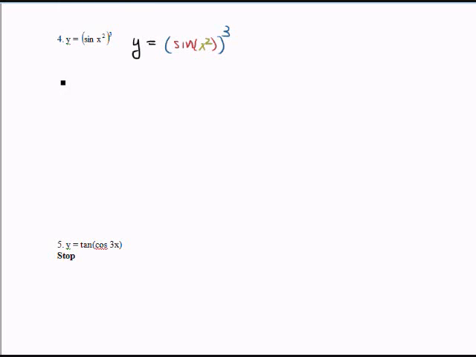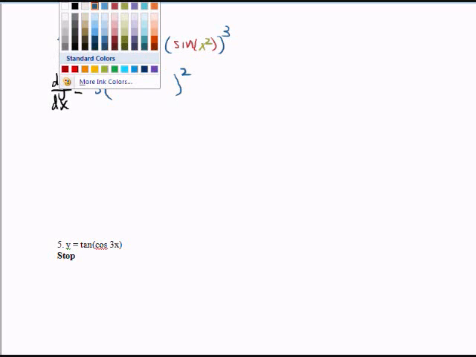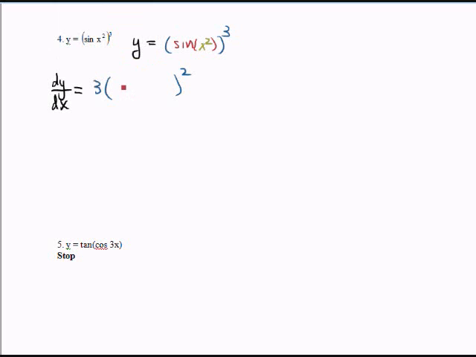So when we take the derivative, we take the derivative of the blue, or the 3, so the exponent becomes a coefficient. Subtract 1 from the exponent. Rewrite the red function and its inside.